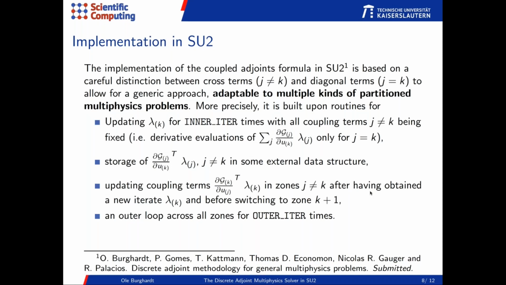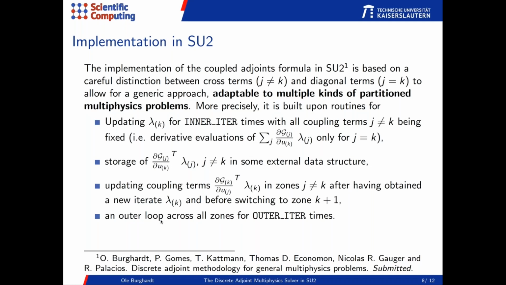So we store them in some external data structure. And once we've obtained a new adjoint solution in a specific zone, we update all the coupling terms before switching to zone K+1.